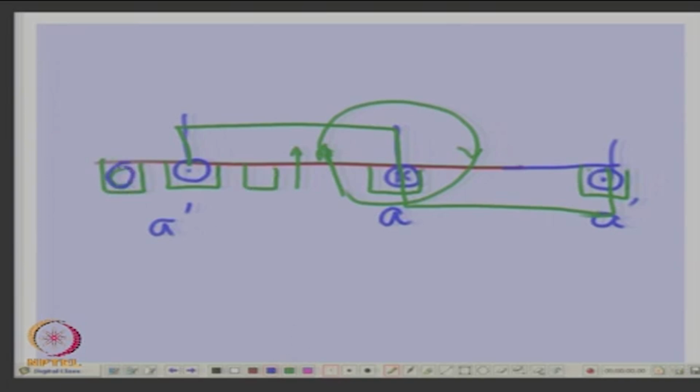Okay. And now, if you make more coils, supposing instead of one I have, let us say, 3 coils, something like this, then you know that it will give rise to some type of a stepped wave. It may go like this.